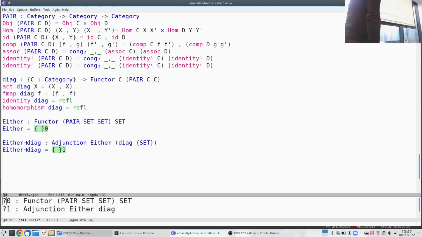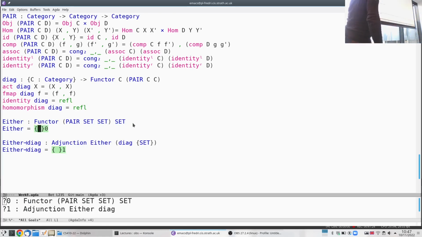So that's my boring functor, and now I can think, is there a way to go the other way in an interesting way? And it might not be the case for an arbitrary category C, but let's just think about the category of sets for now. And let's see, so we could start here from the adjunction, or we could start with the functor.